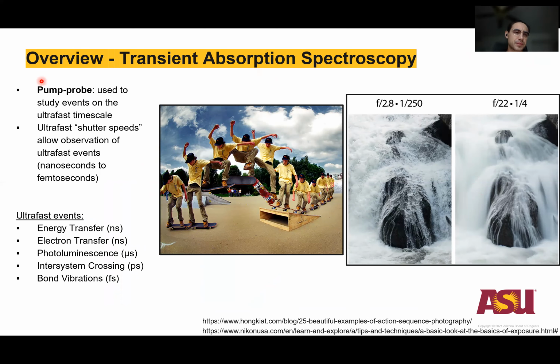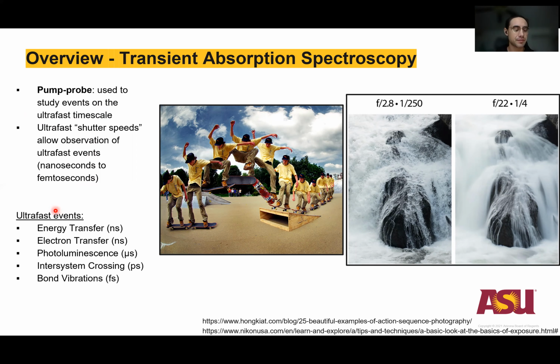It's a probe method which is used to study molecular events that happen on the ultra-fast timescale, from nanoseconds to femtoseconds. Essentially, we're utilizing ultra-fast shutter speeds to allow observation of ultra-fast molecular events.